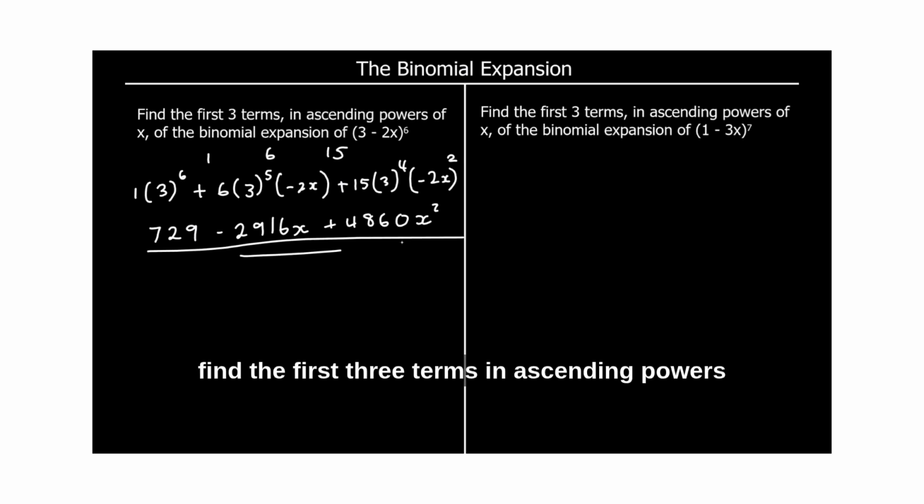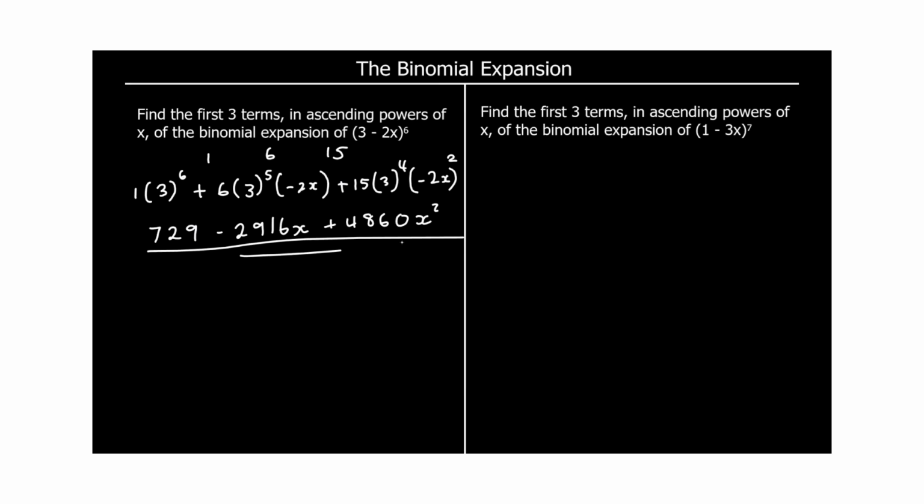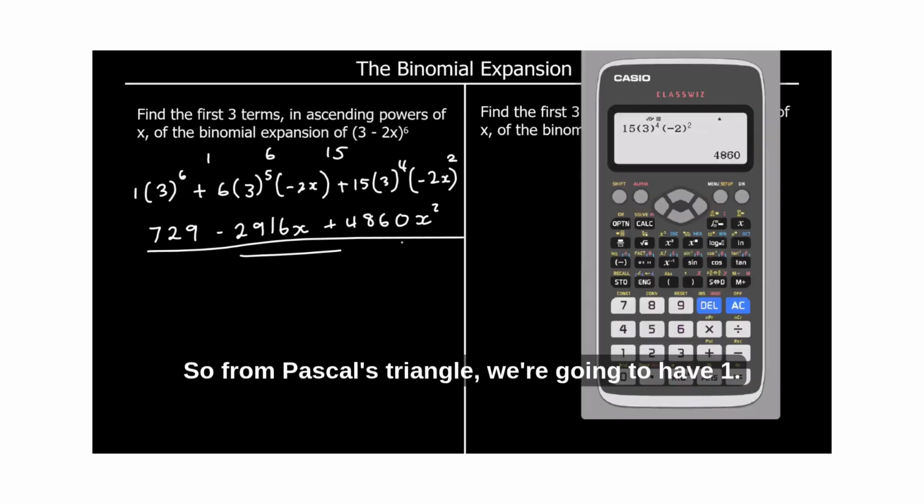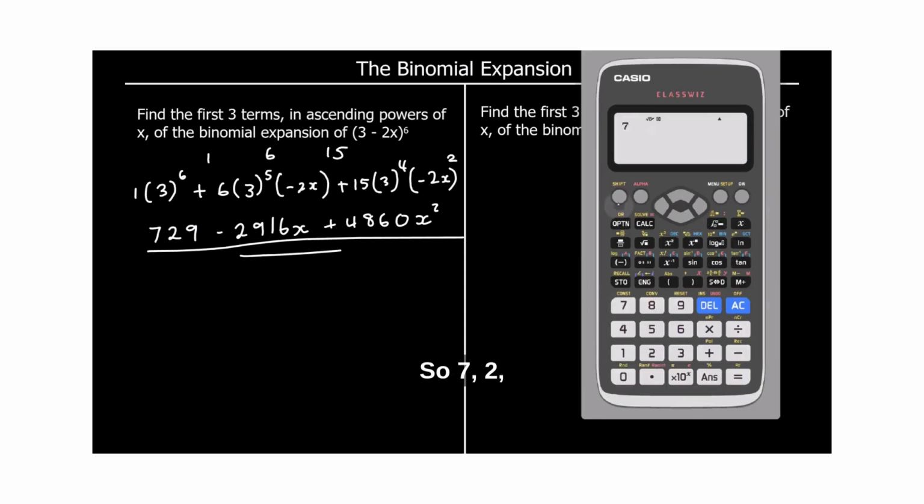So find the first three terms in ascending powers of x of the binomial expansion of 1 minus 3x to the power of 7. So from Pascal's triangle, we're going to have 1. So 7 choose 0 is going to be 1. Then 7.